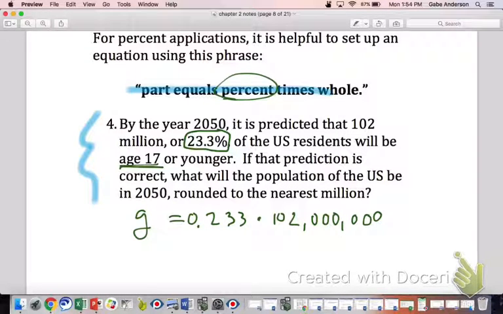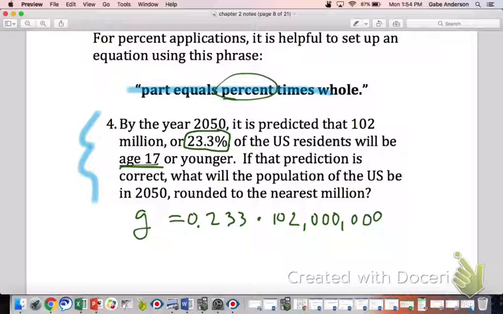Paige says, wouldn't the 102 million, wouldn't that be the part? Okay. And what would be the whole? The population. Say again. G would be the whole. Oh, okay. And could you explain why again? I think you kind of said something about that. Because the 102 million people are just part of it, because those are just the people under the age of 17.